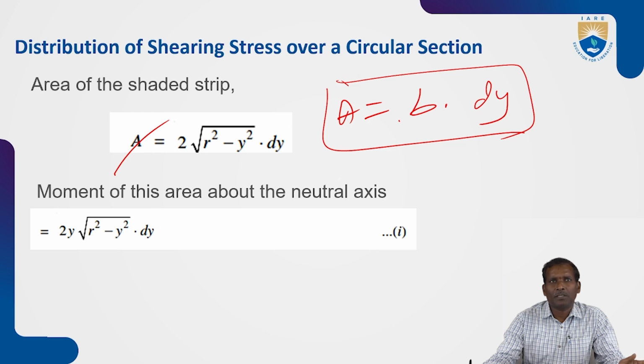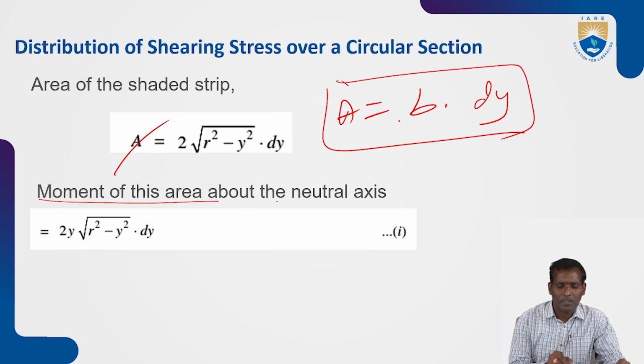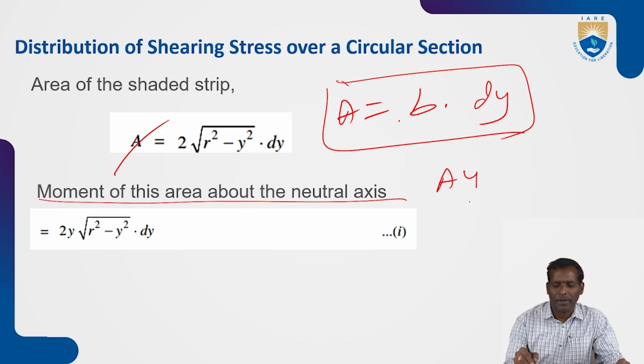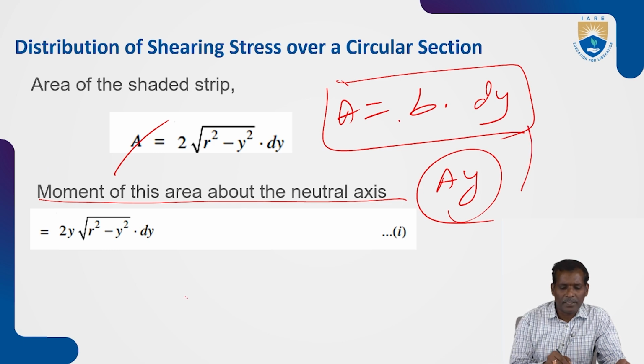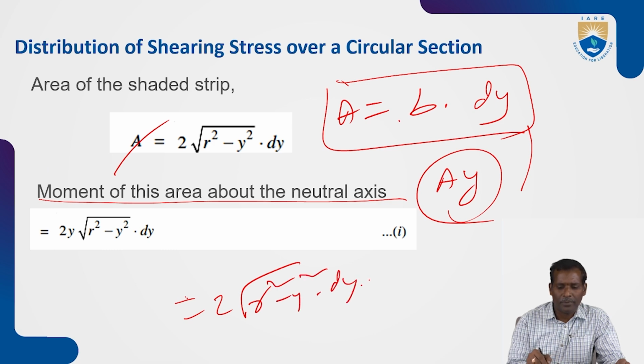The moment of this area about the neutral axis is y multiplied with the area, that is, a y. The area we already calculated here: 2 into square root of r square minus y square into dy, multiplied with y.